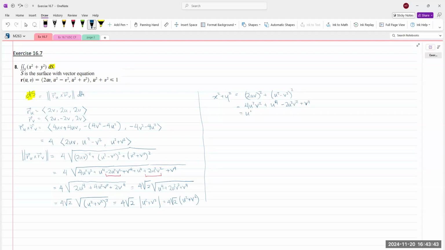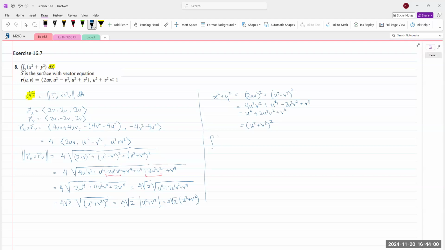Okay, so u to the fourth plus 2u squared v squared plus v to the fourth, which is actually equal to u squared plus v squared being squared, right? I don't know if that's useful. Anyway, let's put things together.